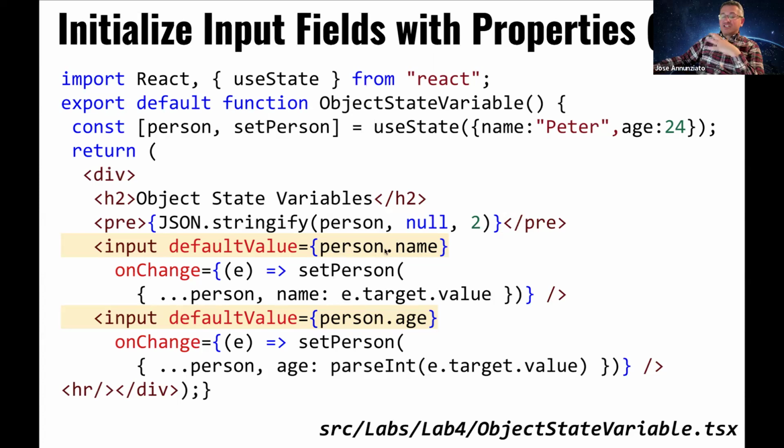So one of them displays the name of the person, the other one the age of the person. Right. So here we are copying the state variable person into the state of each individual input field, which, because they are input fields, each one will represent it in its own representation, typically as a string. And so the input field by default is of type text, right?